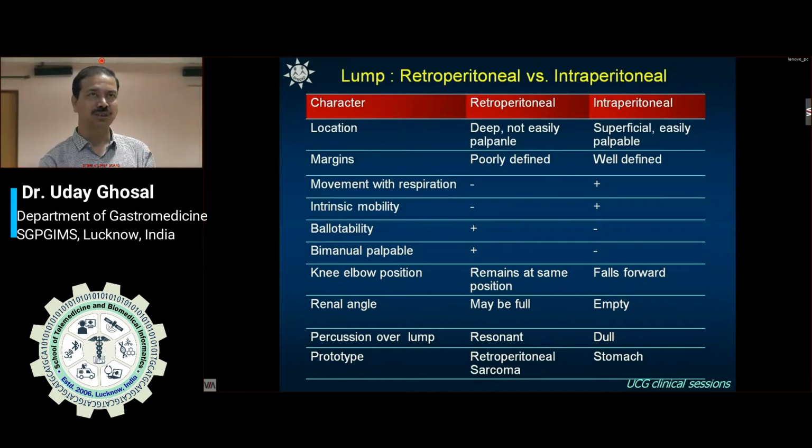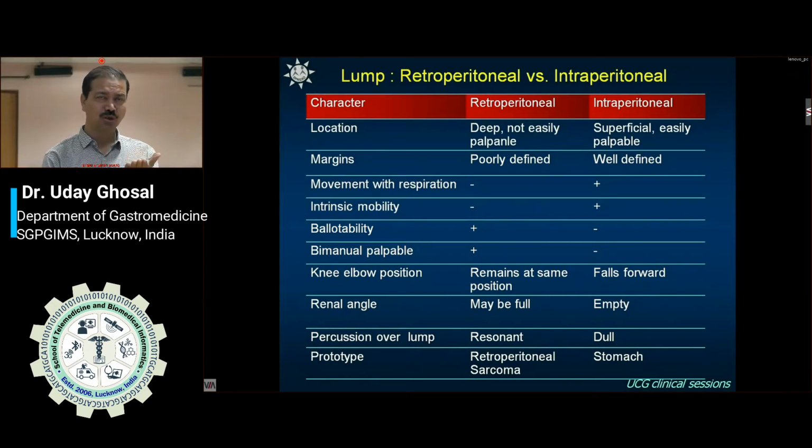Intrinsic mobility. What is intrinsic mobility? When you catch the lump with a hand and try to move. Intrinsic mobility is there with intraperitoneal, but is not there with retroperitoneal. Ballotability is there with retroperitoneal, not there with intraperitoneal. What is ballotability?